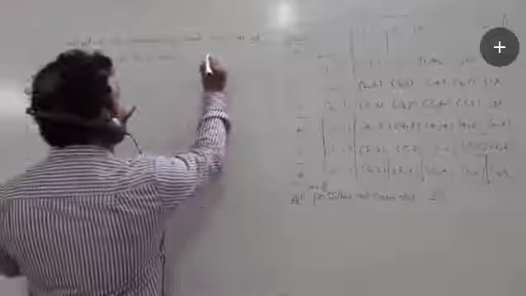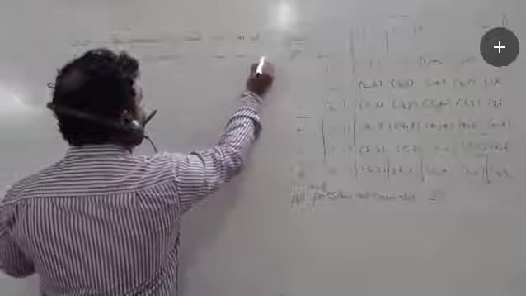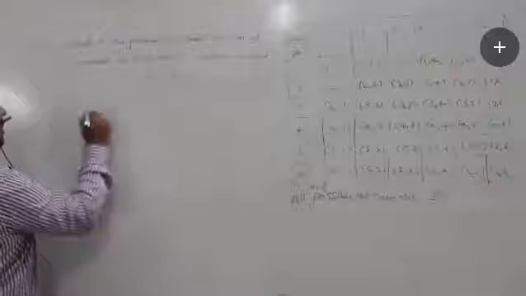What is the probability that the sum of two numbers on their faces is less than or equal to 12? Students, the sum of their faces is less than or equal to 12.